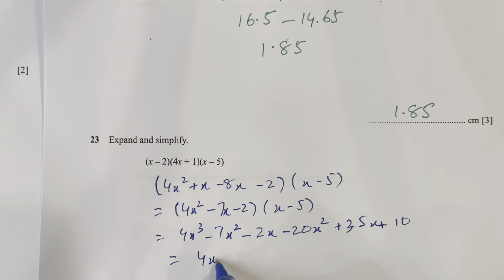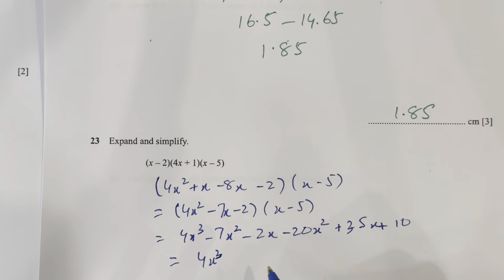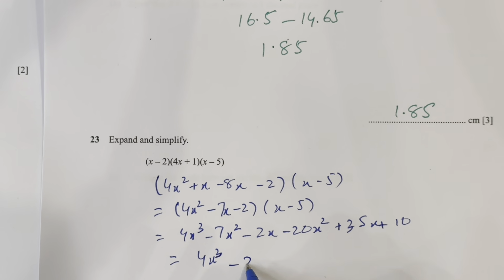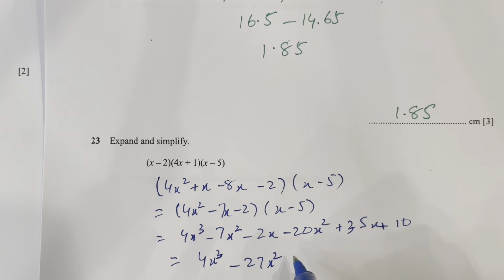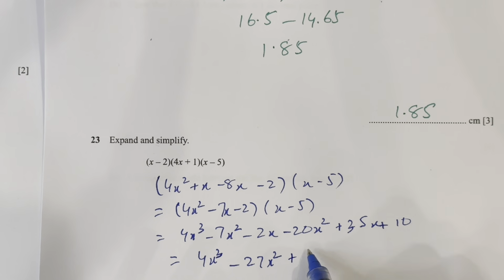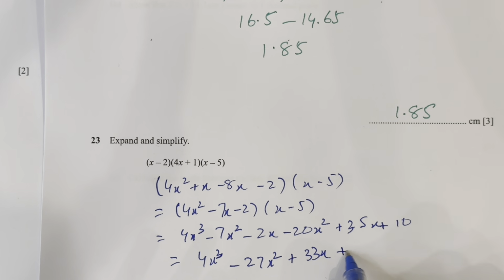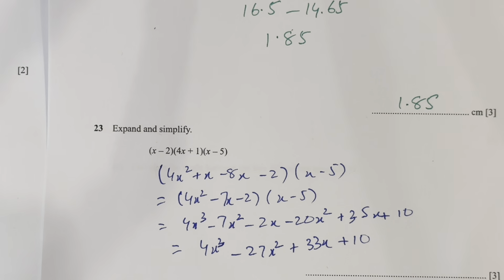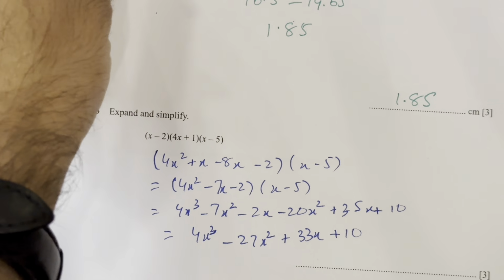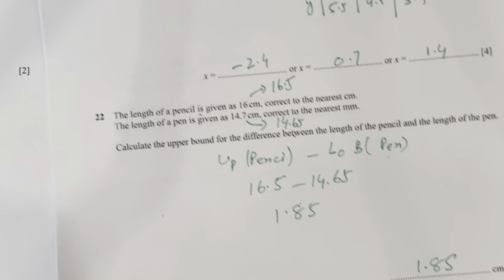After rearranging: 4x cube minus 27x square plus 33x plus 10. So this would be our final answer for this equation. Moving to question number 24.